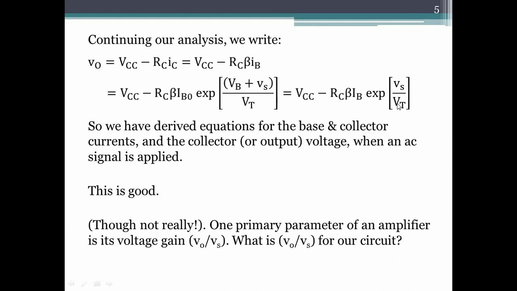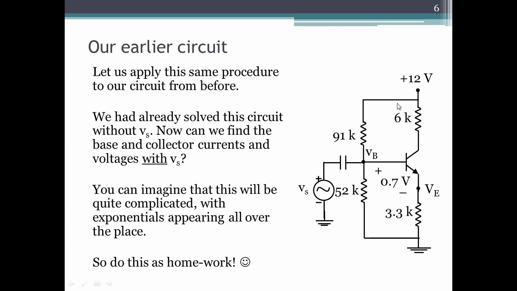Probably not the most important difficulty, but nonetheless it is a difficulty. Okay, with that, let's think a little more. So let's say we did this for our simplest circuit. Now let us go back to our amplifier, which is what we wanted to do, is apply Vs here, and we want to see what is the voltage, let us say, at the collector due to the Vs, when the Vs is present. So we apply the same procedure to this circuit. We have already solved the circuit without Vs. Now the question we ask is, what are the currents in this circuit with Vs?